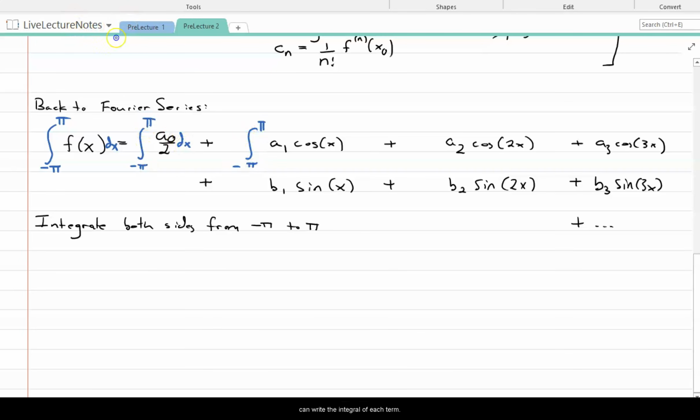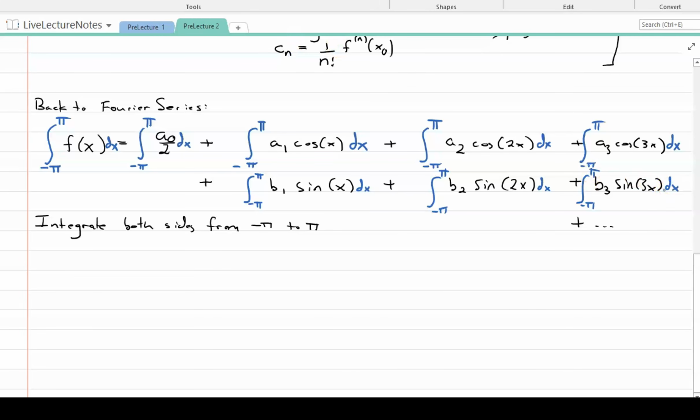That's why I can write the integral of each term. And let's just do every single one of those, minus pi to pi dx, each time.